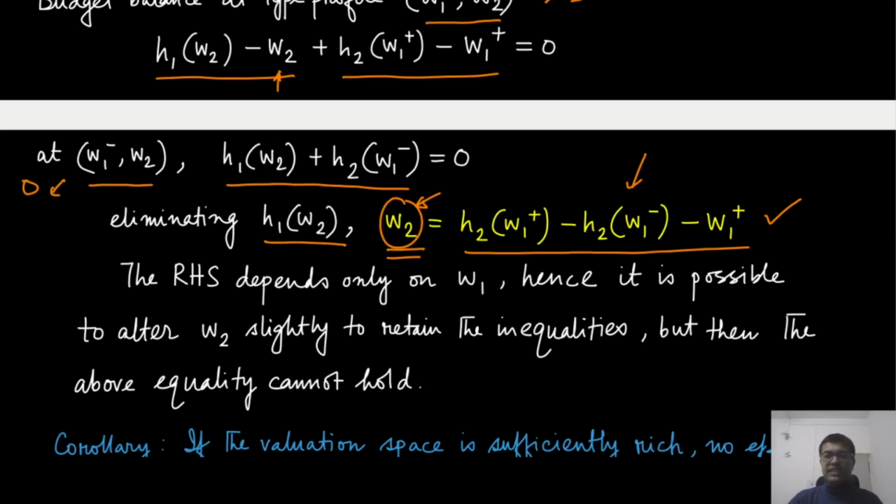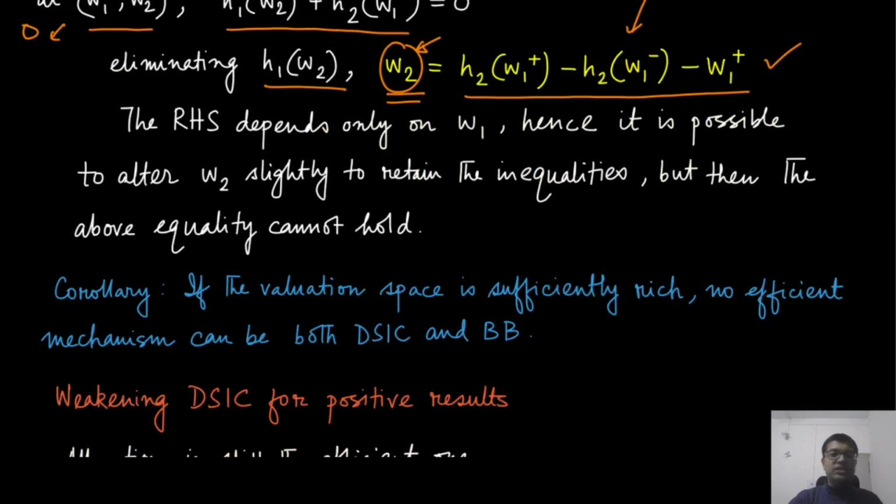This is essentially the essence of the proof of this impossibility, that no Groves class of mechanism can actually be budget balanced. So combining these two results, we can say that if the valuation space is sufficiently large, then no efficient mechanism can be both DSIC and budget balanced, because efficiency and DSIC automatically will give you Groves class of mechanisms, and we have seen that Groves class of mechanisms cannot be budget balanced.